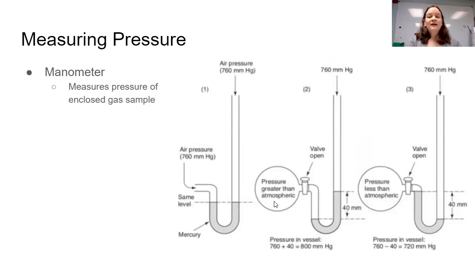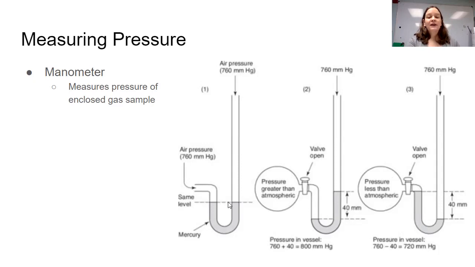If that pressure is greater than atmospheric pressure, then it's going to push on the mercury and cause the mercury in the long side of the tube to rise up. If the pressure inside your flask is less than atmospheric pressure, then it's going to almost pull the mercury towards the flask.